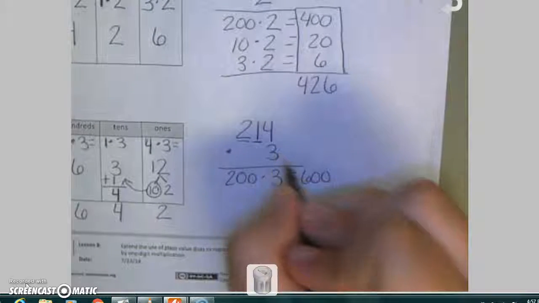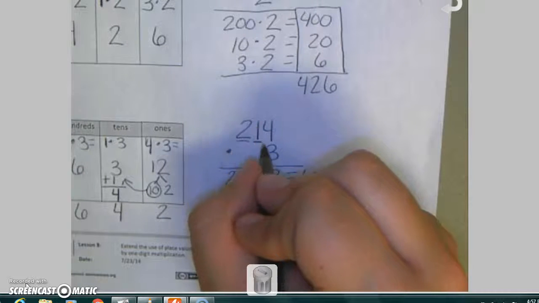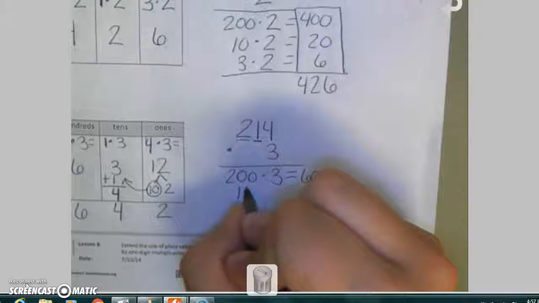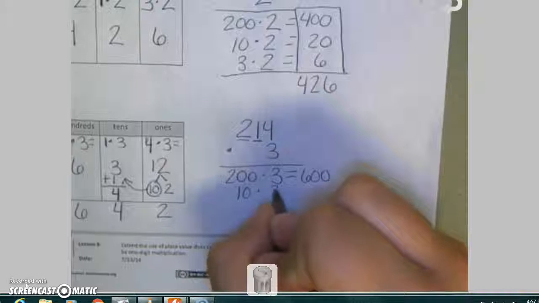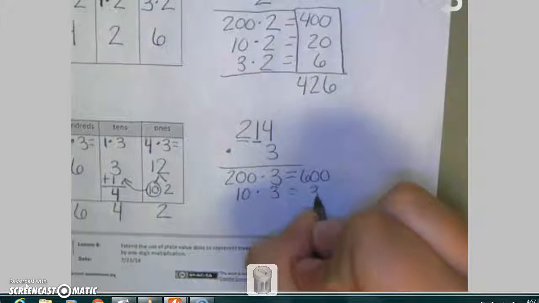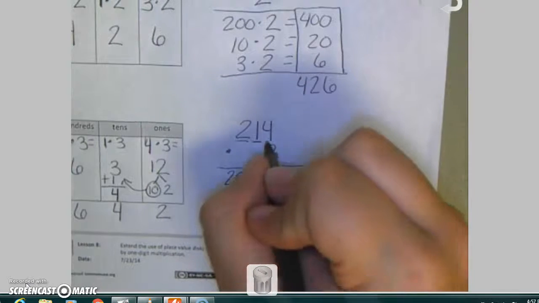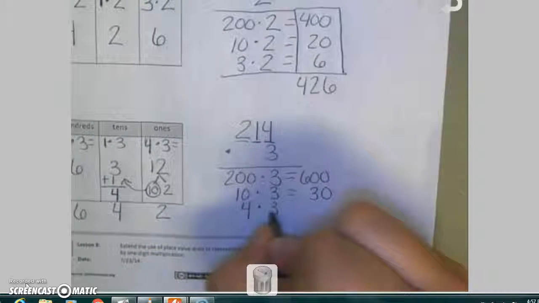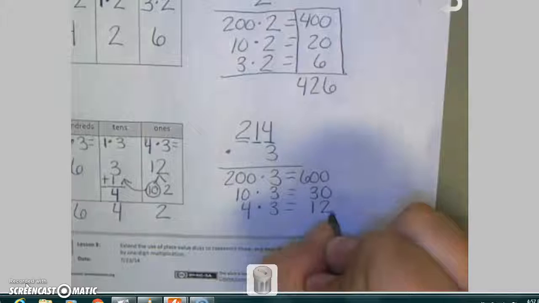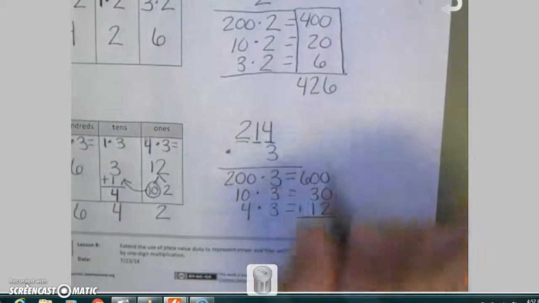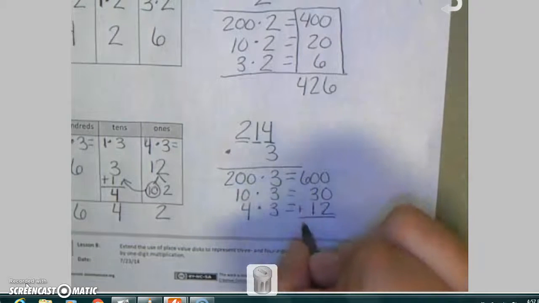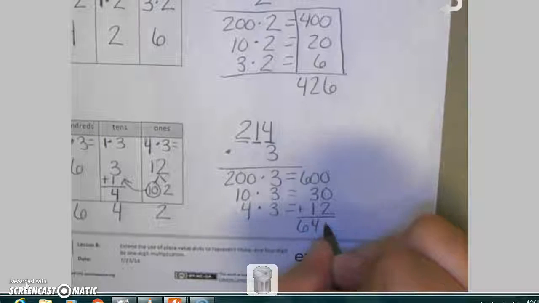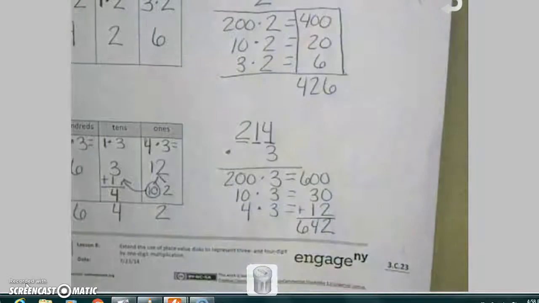This 1 is in the tens place, so that's really 10 times 3. And we know 10 times 3 is 30. And finally, this is 4 ones, and I need to multiply that by 3. 4 times 3 is 12. Again, I add up these partial products to get an answer of 642.